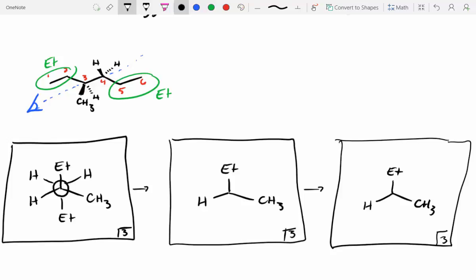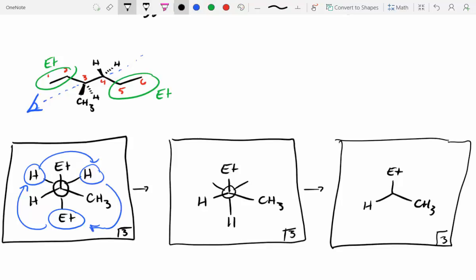All right, so front carbon static, and we're going to twist that back carbon clockwise 120 degrees now. So we're going to take this ethyl group, spin it over here, this hydrogen, spin it over here, and this hydrogen will replace where that ethyl group was. That means what will be pointed down now?